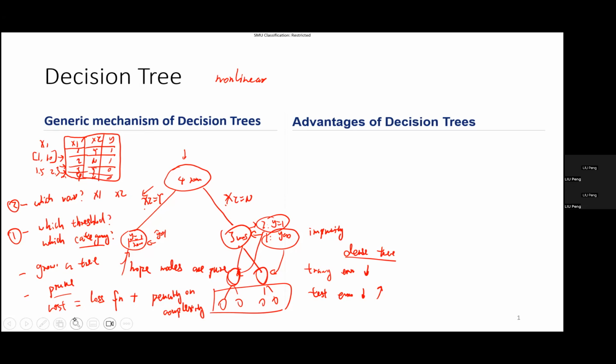So there are multiple advantages for using a decision tree. For example, it can work for both regression and classification, right? If in this case the y itself is categorical, then it's classification. Now, if it's numeric, for example 0.1, 0.2, 1.2, etc., then we can still use the same type of setup.